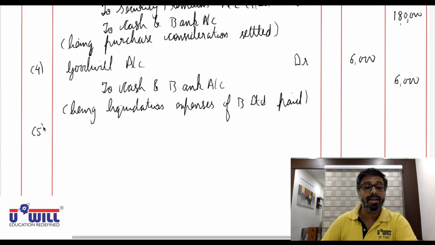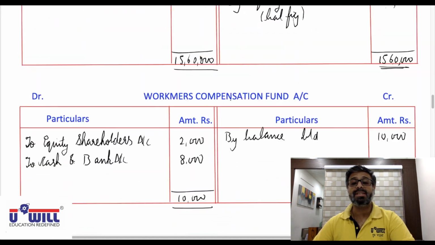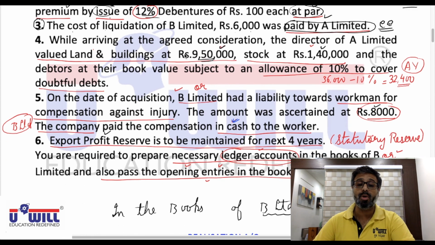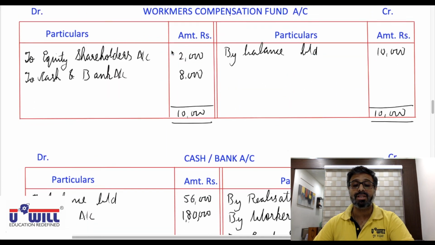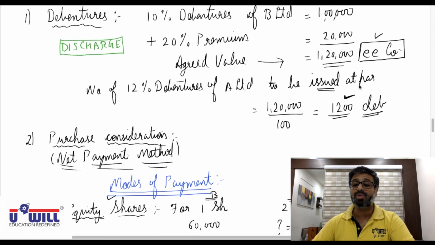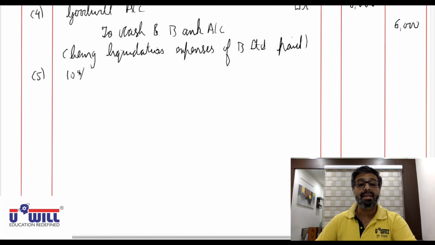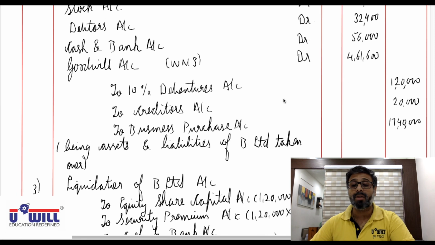Then the fifth entry. After that, do we have any registration expenses, establishment expenses, incorporation expenses, preliminary expenses? We don't have. Last is settlement of liabilities. 10% debentures are issued, 12% debentures, and that also we have seen are issued at par only. So simply settlement of liabilities, 10% debentures account debit with what amount?